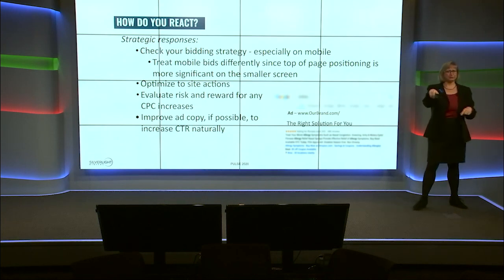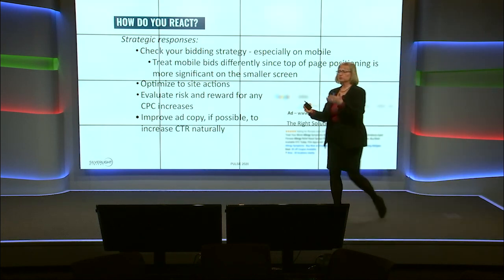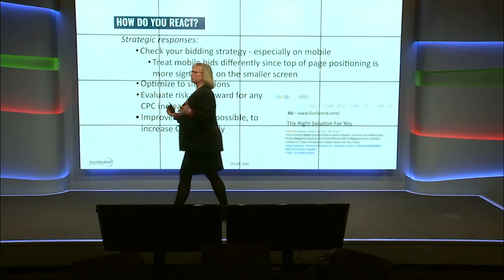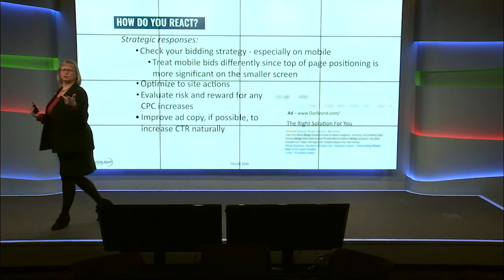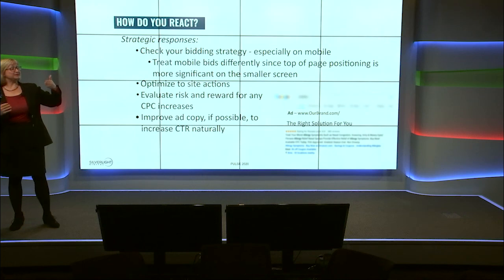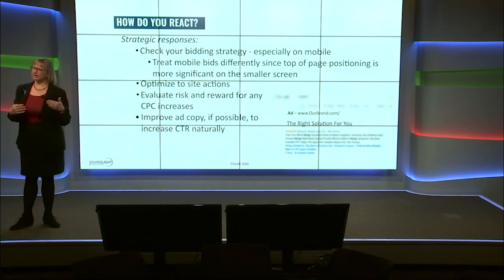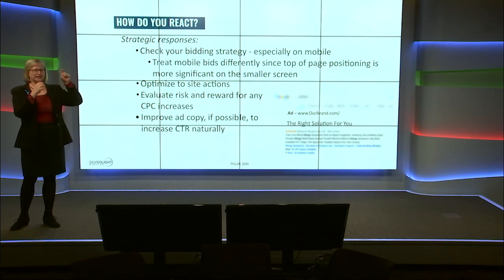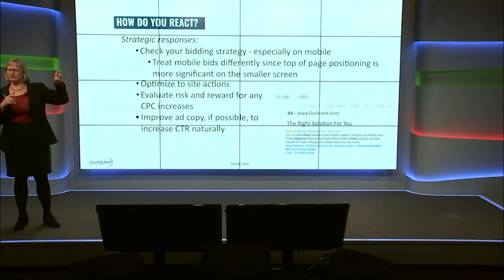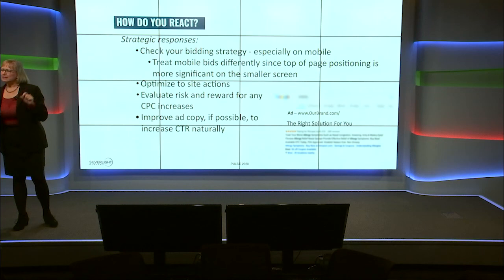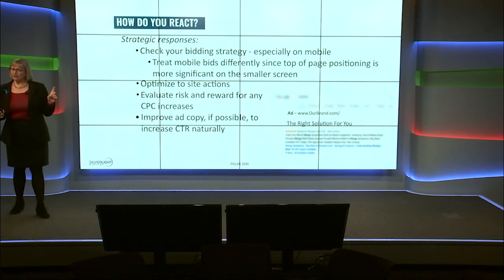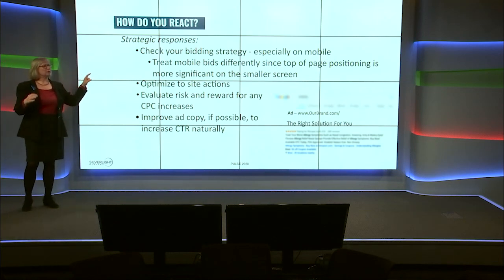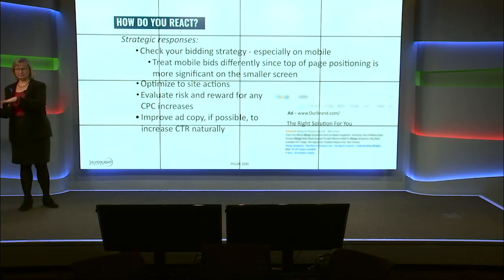As a matter of fact, for those of you with phones, do a search. Do a search on your own brand, do a search on your competitor's brand. Who shows up? And do you see another ad on that page or not? So are you really battling for that tiny little piece of real estate on someone's phone? If so, and if you're being conquested, you might want to bid differently for mobile than you do for desktop.